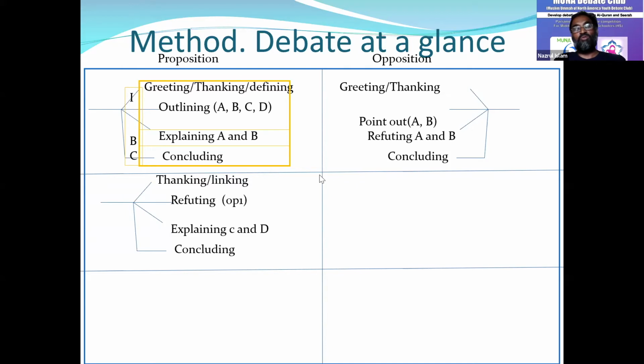So the most important word is linking. Again, you have to refute the point made by the first speaker of the proposition, and then explain your own point and then conclude.